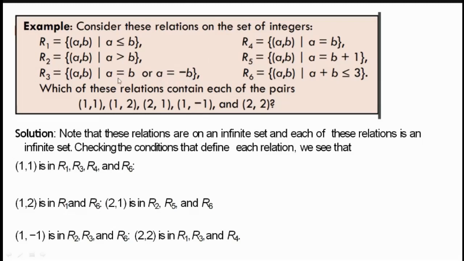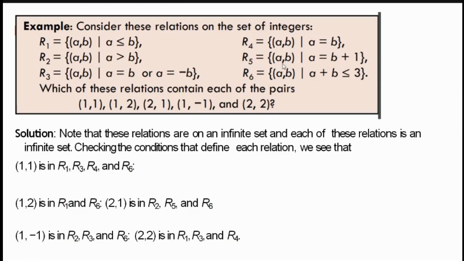But if A is equal to B, then you can opt for R3 and also for R4, because R4 is giving you (A, B) if A is equal to B. While coming to R5, A is equal to B plus 1, that means A is 1 greater than B.